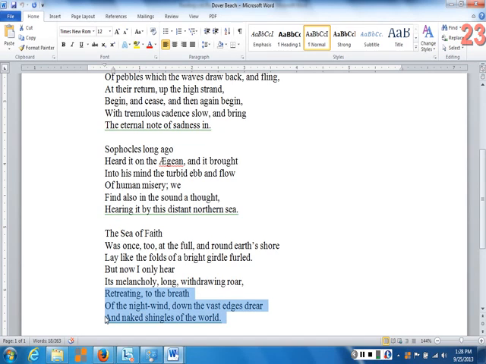More of the metaphor of the ocean. The ocean with the night wind over the ocean, the edges of the world, the edges of the ocean, right? Naked shingles. Shingle is another word for beach, a particular kind of beach that's made up of small pebbles.